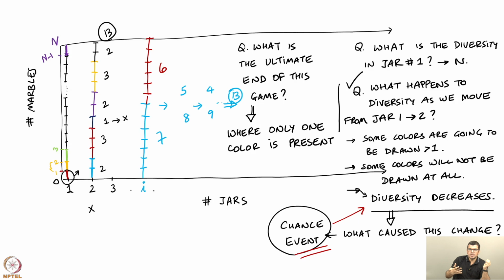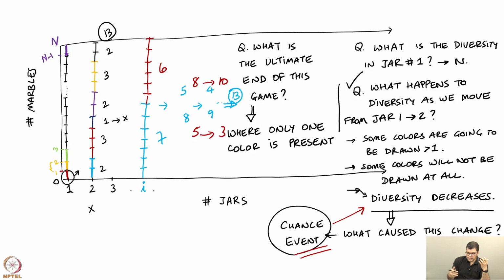That does not mean that the game can't go in the other direction. That could totally happen, where when I go to the next jar, just by chance, I draw 8 of these and 5 of red, and then this becomes 10 and this becomes 3, and so on, and it is actually the red one which completely replaces all other colors in the jar.